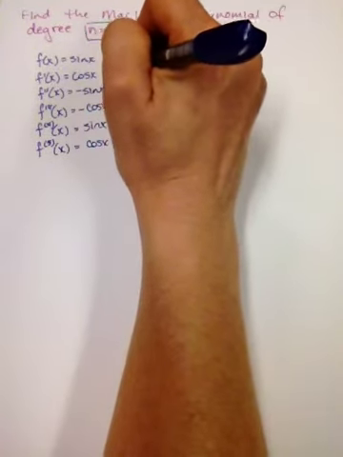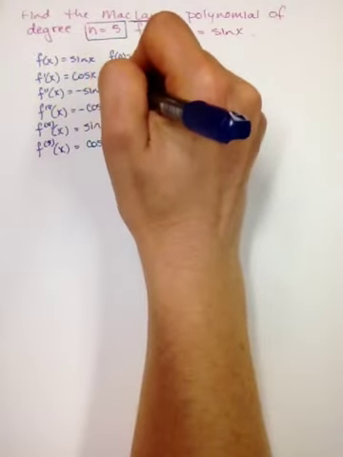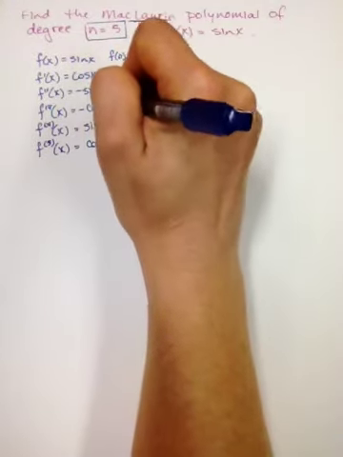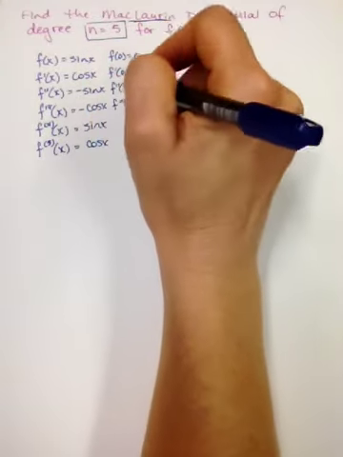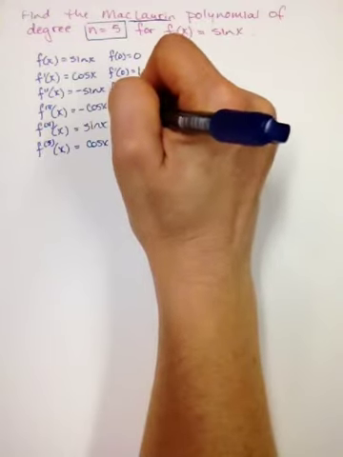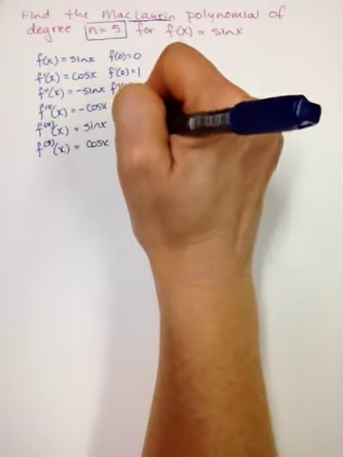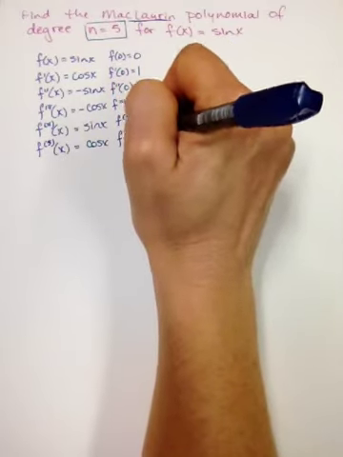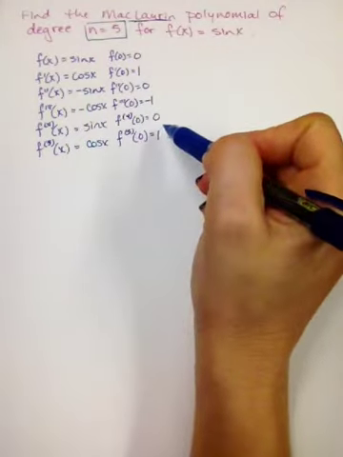F prime of 0 is cosine of 0, and that's 1. F double prime of 0 is 0. The third derivative at 0, negative cosine of 0, is a negative 1. The fourth derivative at x equals 0 is 0, and then the fifth derivative at x equals 0 is 1. So this tells me part of my coefficient.